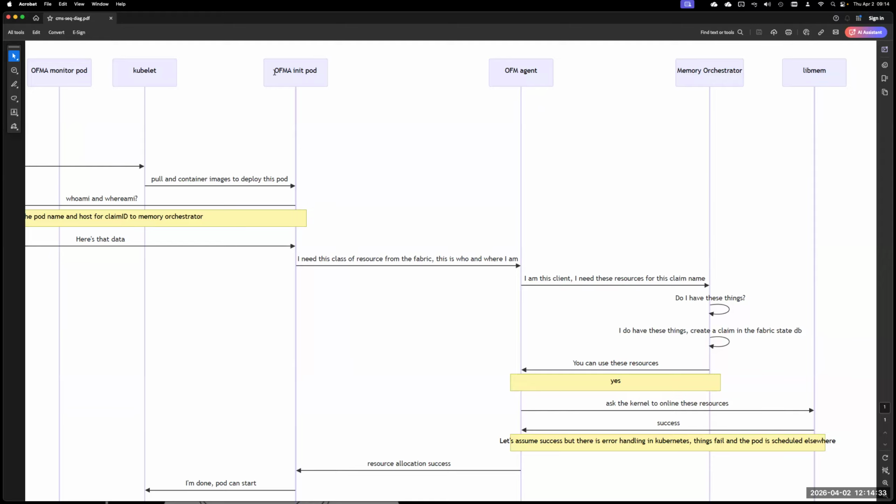And so this resource doesn't need to exist anymore because DRA exists, but the monitor pod and the memory orchestrator and the agent, whatever it is that this group decides to call them, they still need to exist because something needs to make sure that the CXL resources haven't dipped off the system, and something needs to make sure that those CXL resources are being acquired, and then something needs to be telling these two things what to do, right?